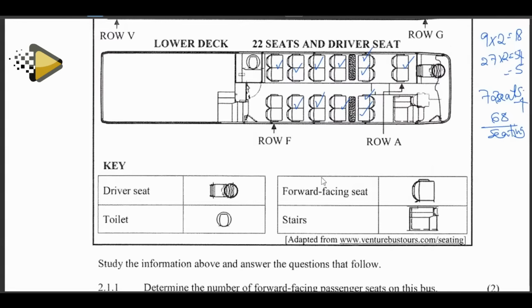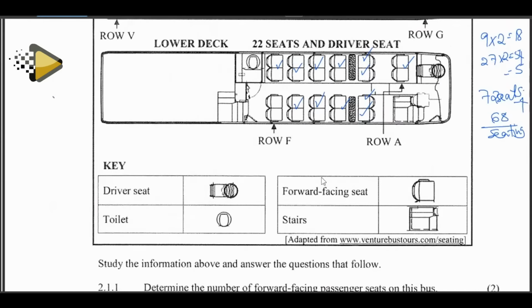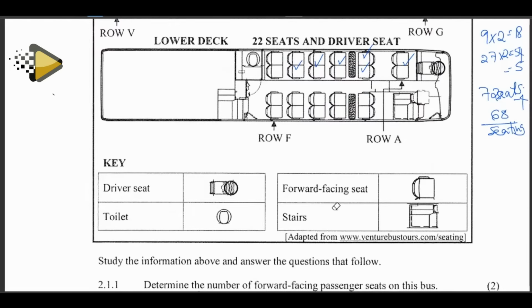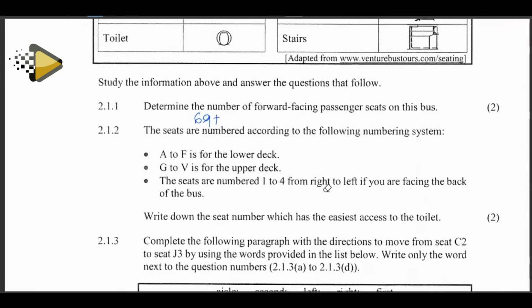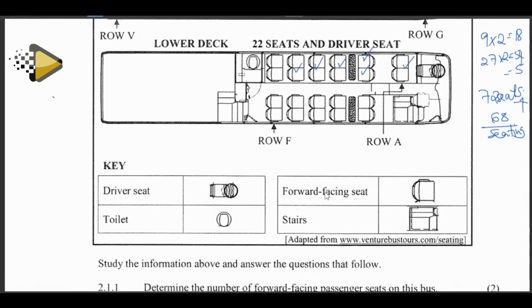They're telling us these seats are numbered from 1 going up. So this one becomes what? The easiest is this one here. Remember they said you're numbering from right to left or left to right.